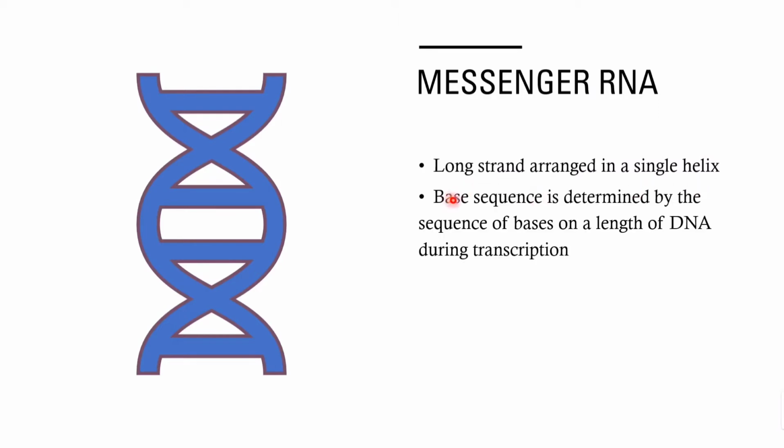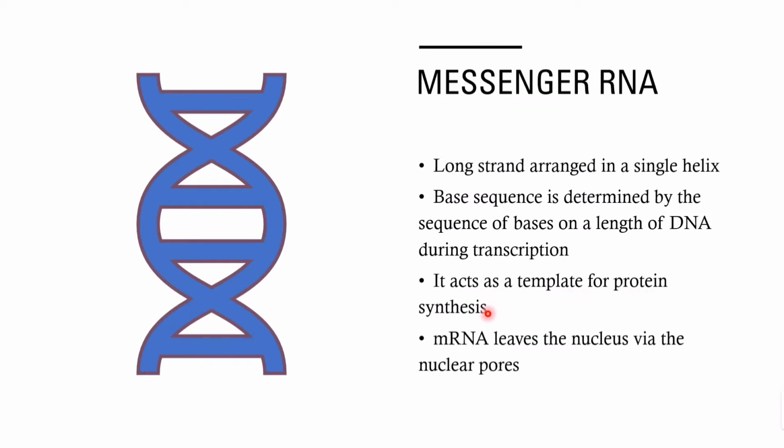The base sequence of messenger RNA is determined by the sequence of bases on a length of DNA, and this is determined during transcription in protein synthesis. mRNA acts as a template for protein synthesis, and it is able to leave the nucleus via the nuclear pores in our nuclear envelope.